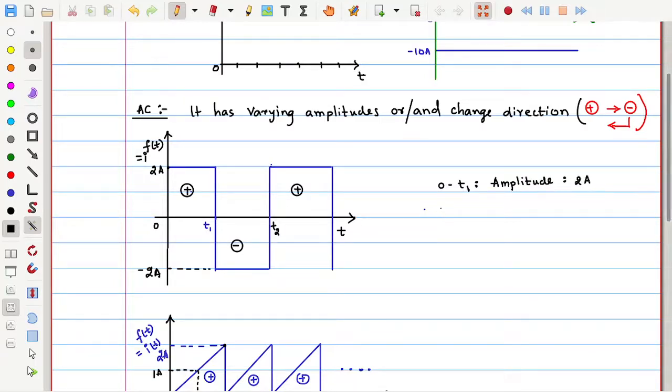Okay, and from T1 to T2 the amplitude is minus 2 amperes. See? So just to demonstrate this, I gave the indication of what T1 and T2 are. This is the instant at which the current is changing suddenly from plus 2 to minus 2. This is the instant at which the current is changing from minus 2 to plus 2.